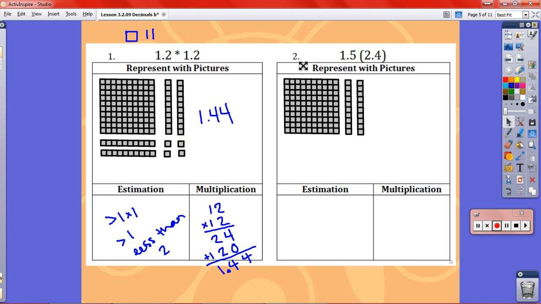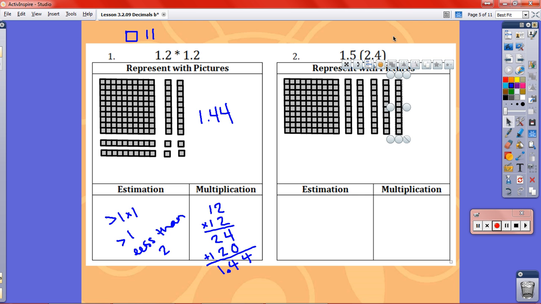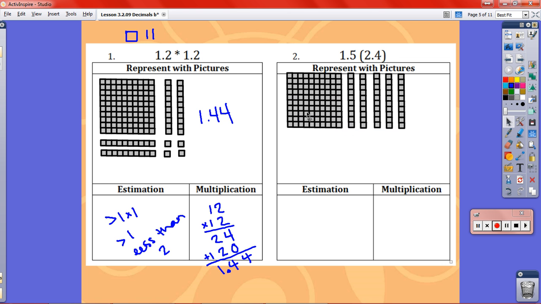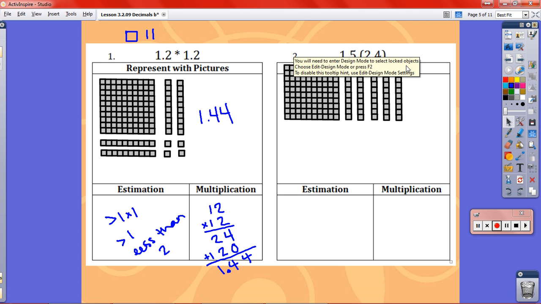But I need 2 and 4 tenths groups of that. So I'm going to need some space here. This is definitely going to run out of room. So I need 2 and 4 tenths groups of that.